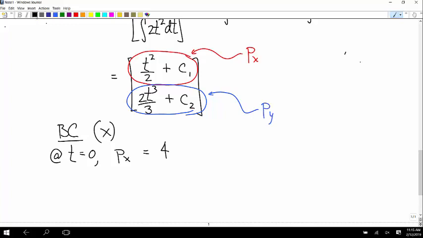Okay, so I'm going to use that x component, and we get that 4 is equal to 0 squared over 2 plus c1. And you can solve for c1. Any questions about what I did there?